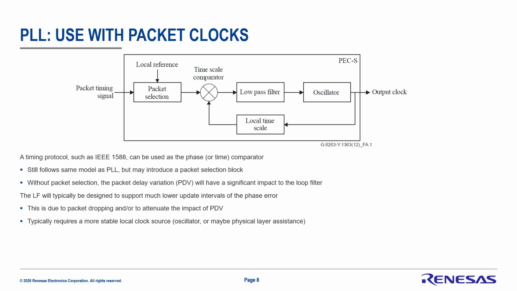And if you take into account that some of the packet selection may actually filter out packets even before they go into the loop filter, these could be even much lower update rates. Because of this, typically packet-based phase lock loops require much more stable local oscillators, like an oven compensated oscillator, or OCXO, or maybe some sort of assistance from the physical layer to stabilize the clock during the packet selection and filtering.